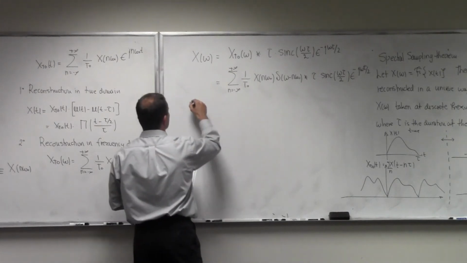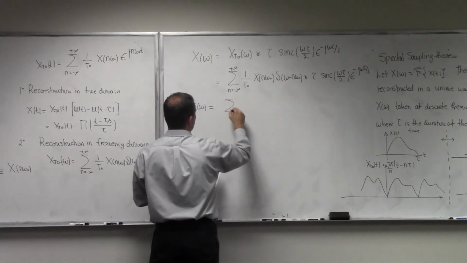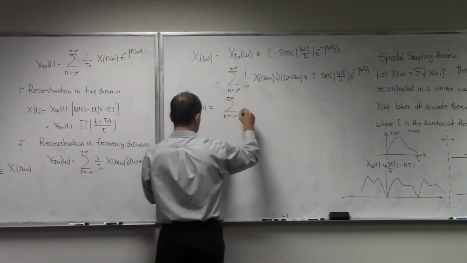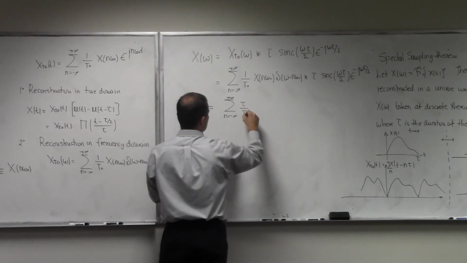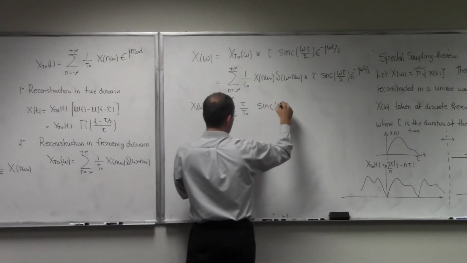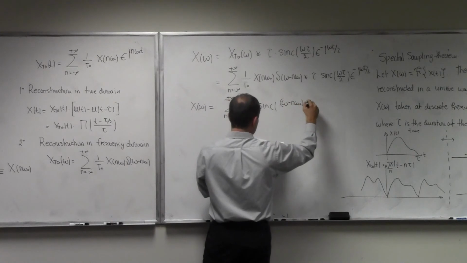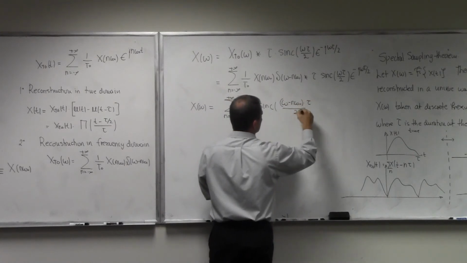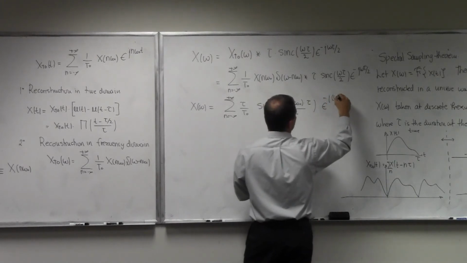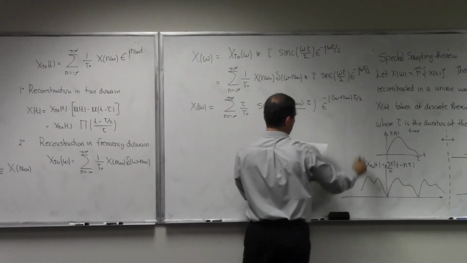So you end up here that your X of omega is going to be the sum when n goes from minus infinity to plus infinity, tau over T0, then I have sinc of omega minus n omega 0 times tau over 2, and then e to the minus j omega minus n omega 0 tau over 2.